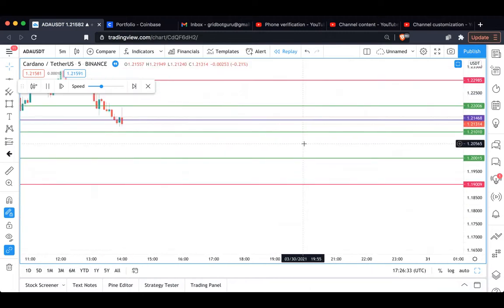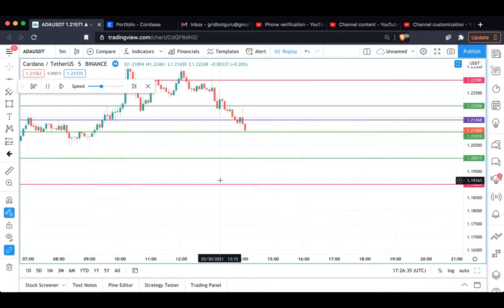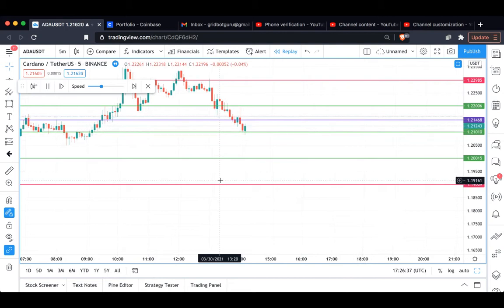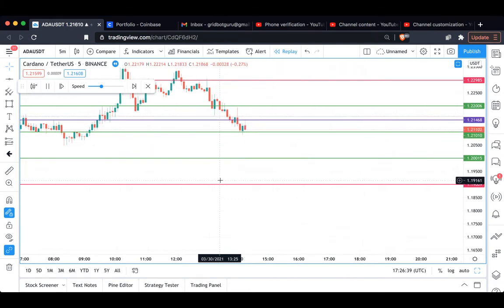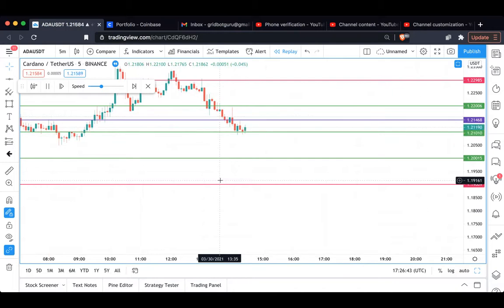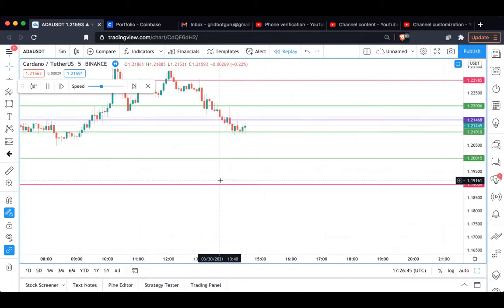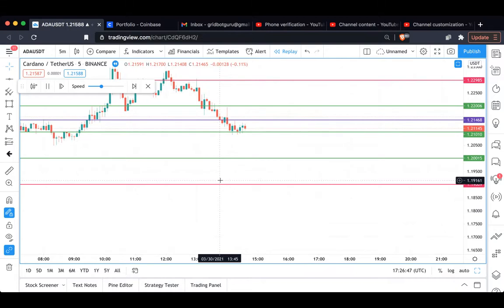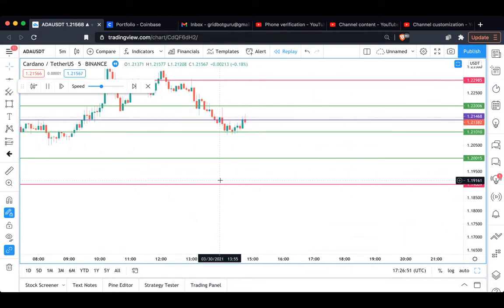So you don't have to sit there. You don't have to wait on the perfect entry, the perfect exit. You get an idea of a high and a low that you want to trade within, and you set your numbers up and you let it go, and it does its thing.